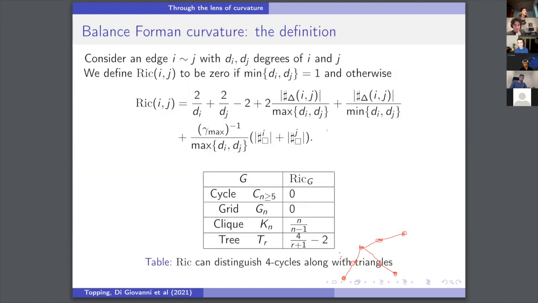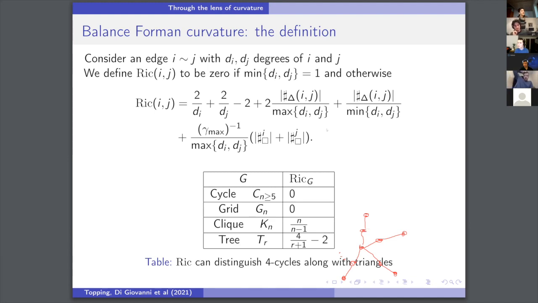So you're interested in the central node, am I correct? Yeah, central to 1 out. So if DI is 3, DJ is 2, and then everything beyond the minus 2 is 0 because there are no triangles or 4-cycles. That's right, it is negative.